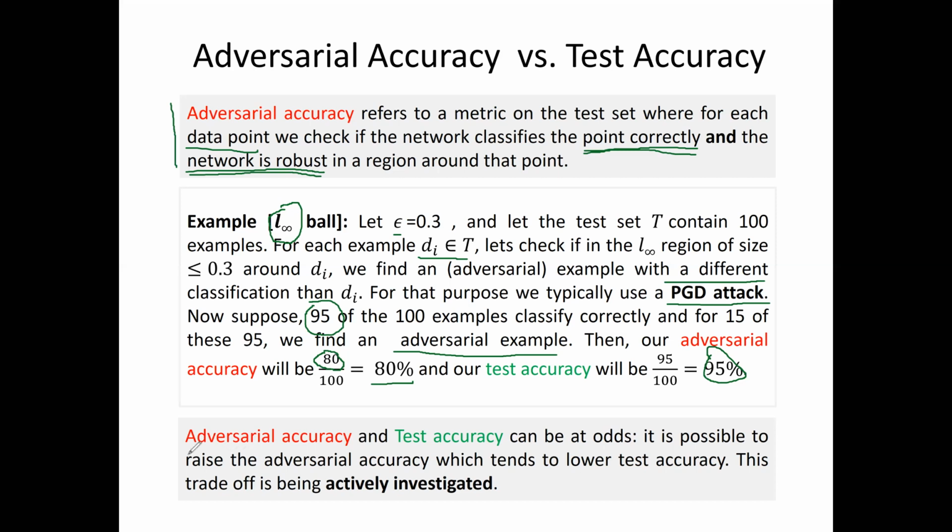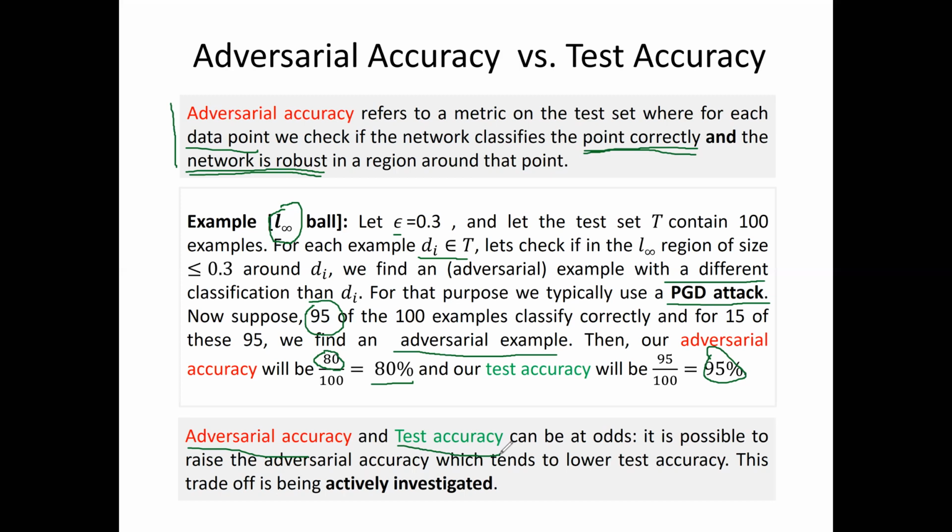Now, one interesting point here is that this adversarial accuracy and the test accuracy, the natural accuracy, tend to be at odds. They tend to be a little bit in conflict. Here we have 95% test accuracy and an adversarial accuracy of 80%, but it is possible to end up in a situation, when you perform adversarial training, that we're going to see in the next few minutes, where the test accuracy drops.